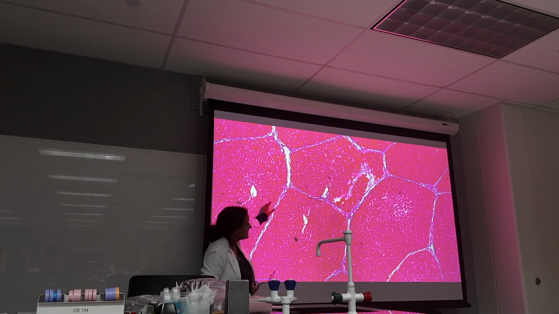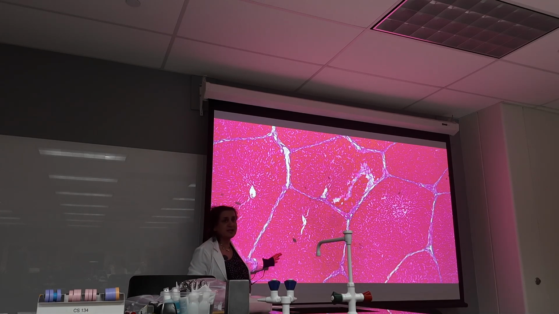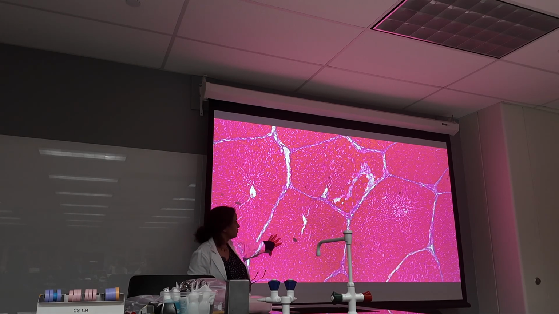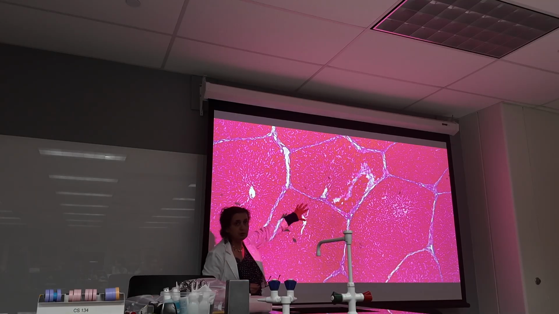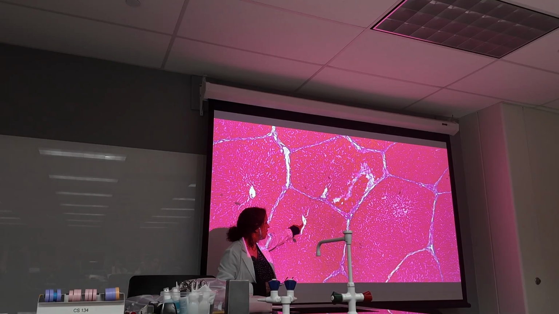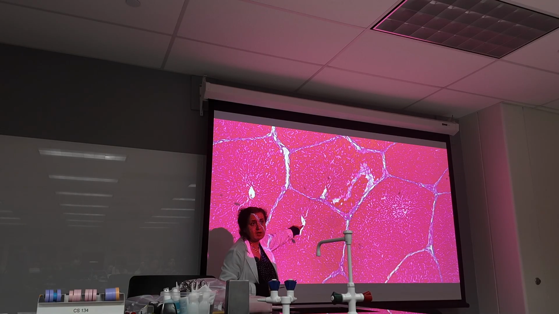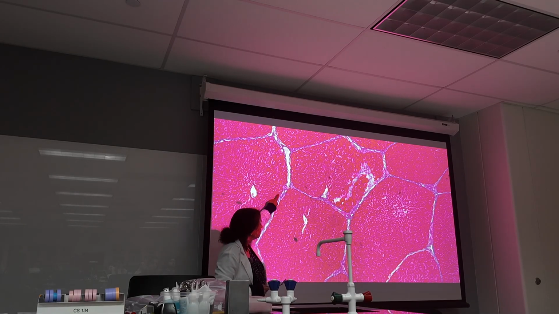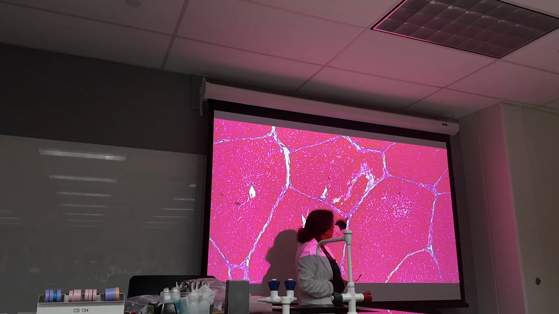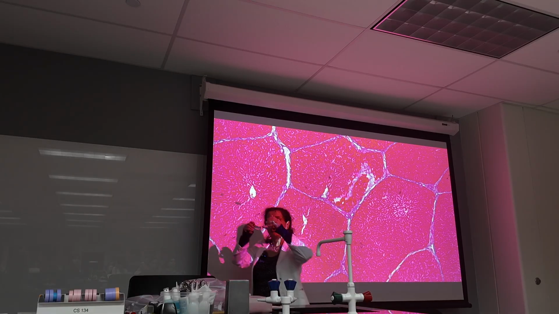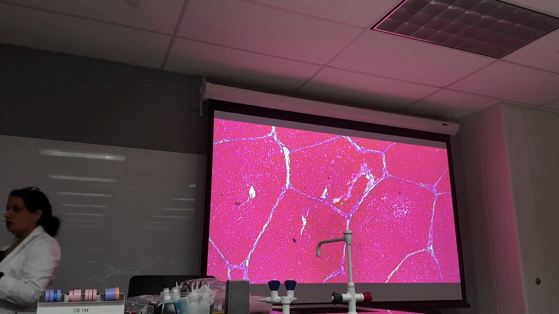The liver consists of smaller sections that we call lobules. So this is one lobule, lobule, lobule. In the center of each lobule, you can see the central vein. This is called the central vein. And at each corner, you can see the structure which is called the triad. Dr. Roger will tell you about the triad.